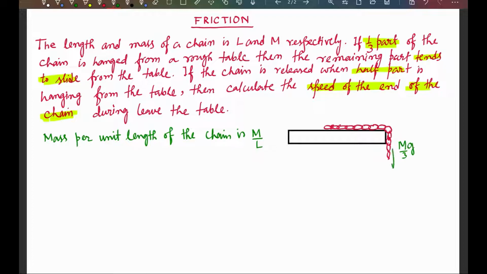The weight is downward. This weight provides a pulling force on the remaining part here, and this part has a tendency to slide. Therefore, a frictional force is generated in the opposite direction.